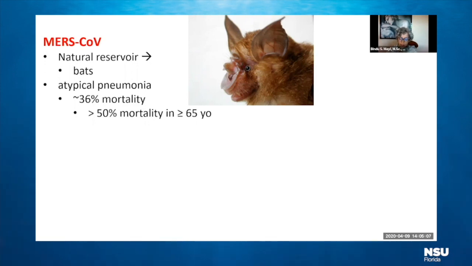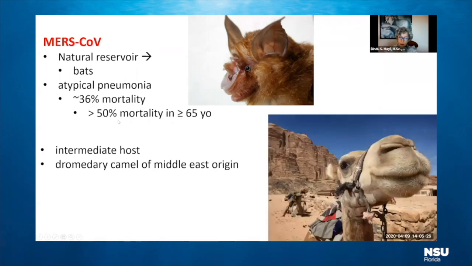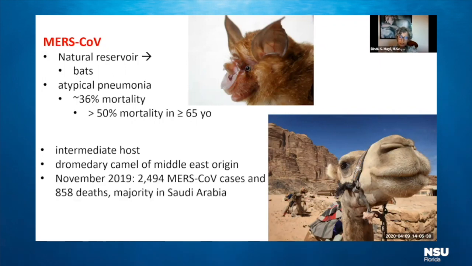It shows approximately 36% mortality across all age groups, which makes it one of the most lethal human viruses that we know of. And again, here too, when we factor in age, so in the elderly population, this showed greater than 50% mortality. The intermediate host in this case was the dromedary camel of Middle Eastern origin.